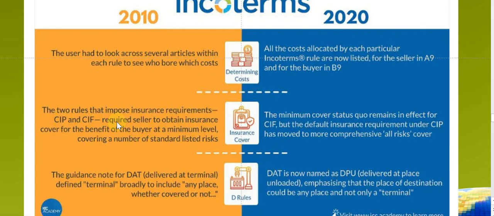Okay, in the guidance note to DAT, delivered at terminal defines the terminal broadly to include any place, whether covered or not. So DAT is now named DAP because the place where the product is unloaded is changed from a terminal to the place where the customer wants to unload.